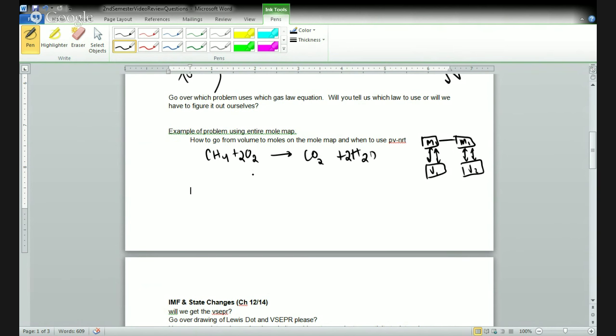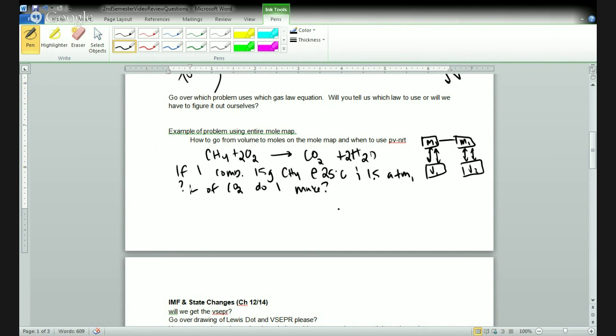Okay, so if I combust 15 grams of CH4 at 25 degrees Celsius and 1.5 atmospheres, how many liters of CO2 do I make?